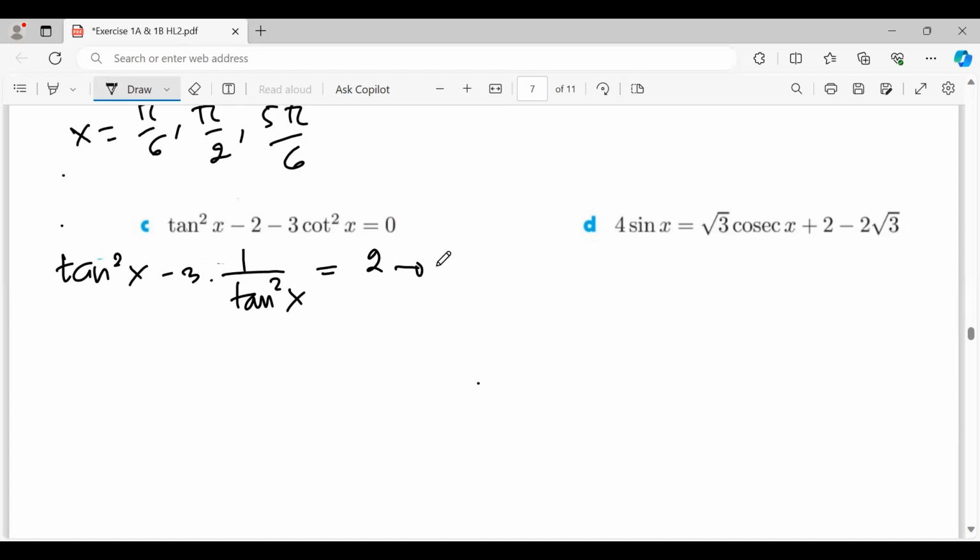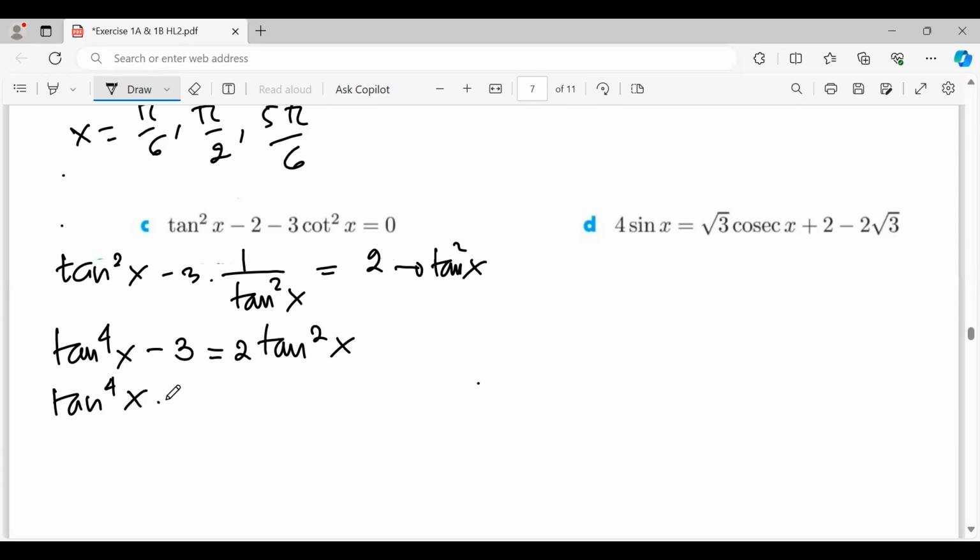If multiplied by tangent squared x, it will be tangent power 4x minus 3 equals 2 tangent squared x, or this equation becomes tangent power 4x minus 2 tangent squared x minus 3 equals 0.